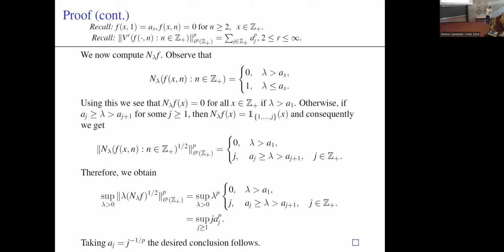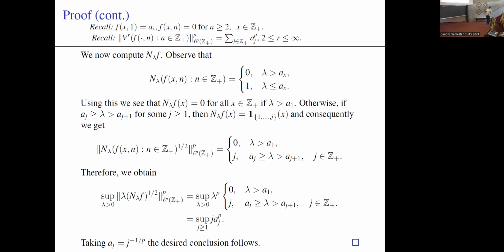If lambda is larger, so the jump is smaller than lambda, then it is equal to 0. So if lambda is greater than the largest of all terms of this sequence, then we do not have any lambda jumps.